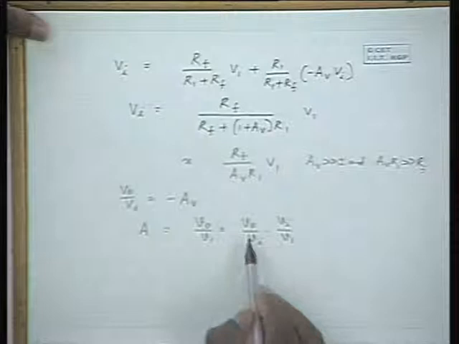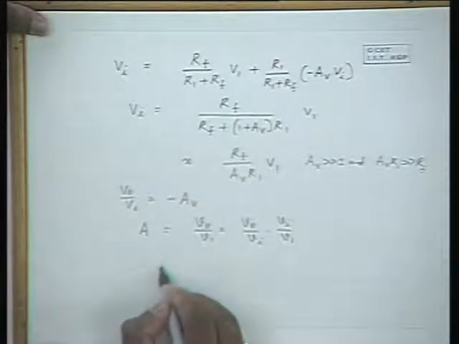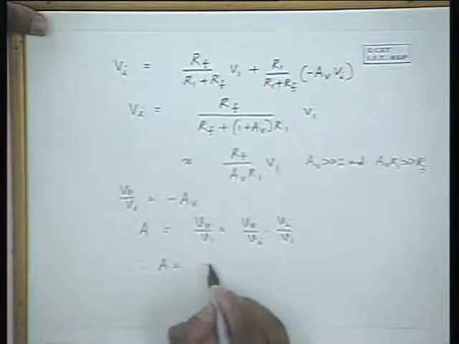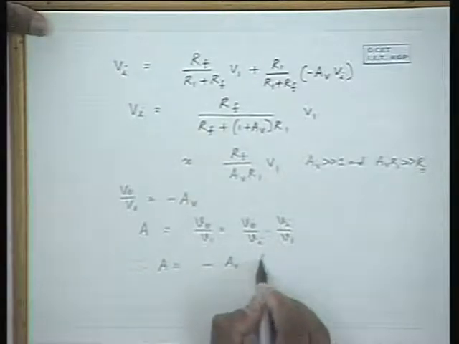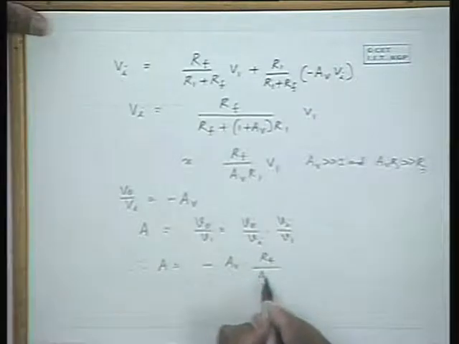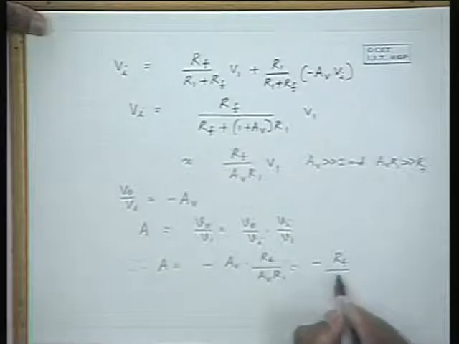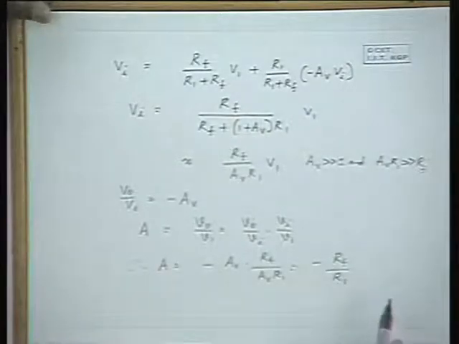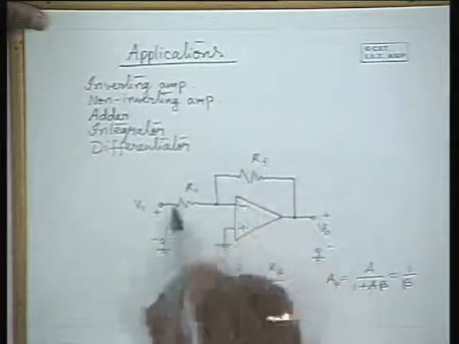Substituting V0 by Vi as minus AV itself and Vi by V1 as given here, A is equal to minus AV into RF by AV R1, and that is equal to minus RF by R1 itself.